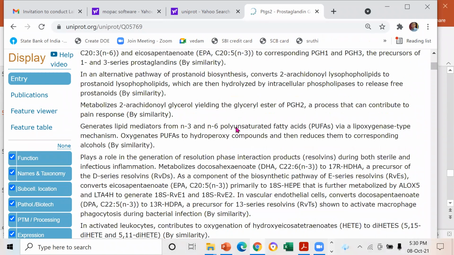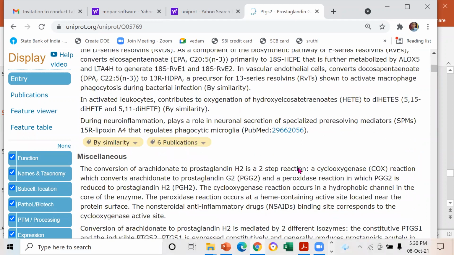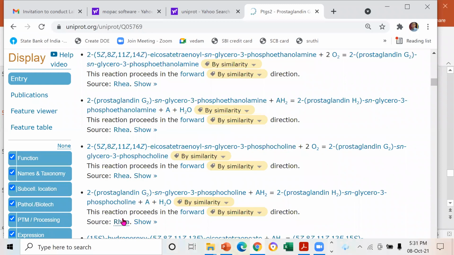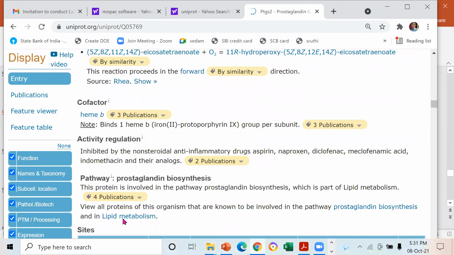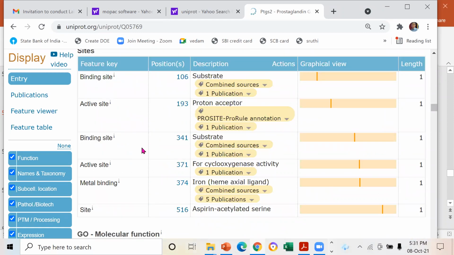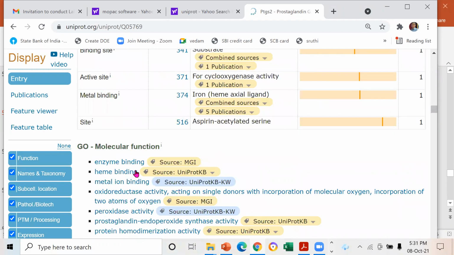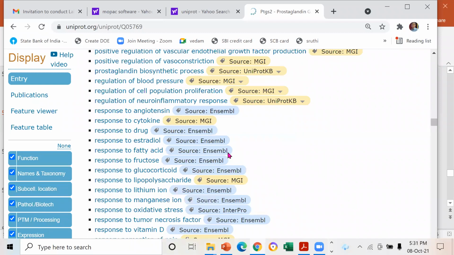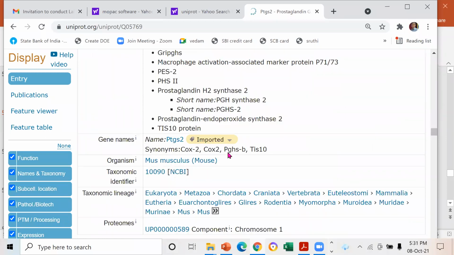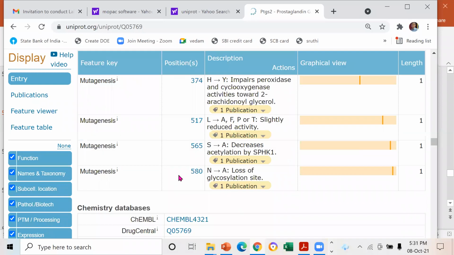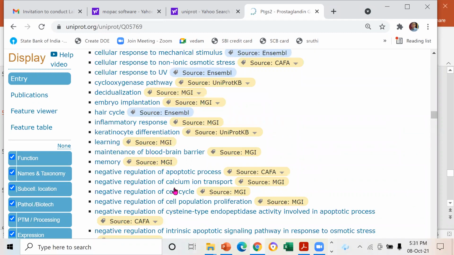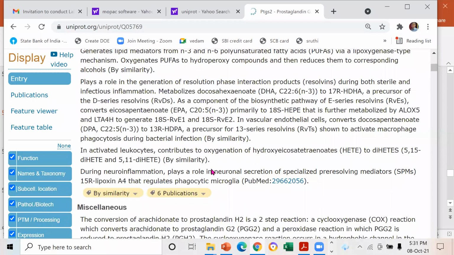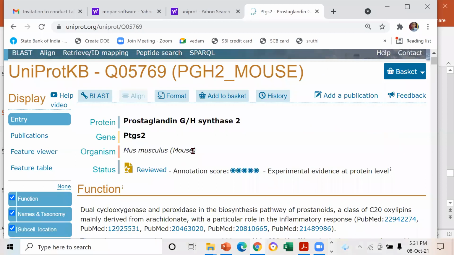Its function is also given, along with details about the binding site and active site. It's from mouse.